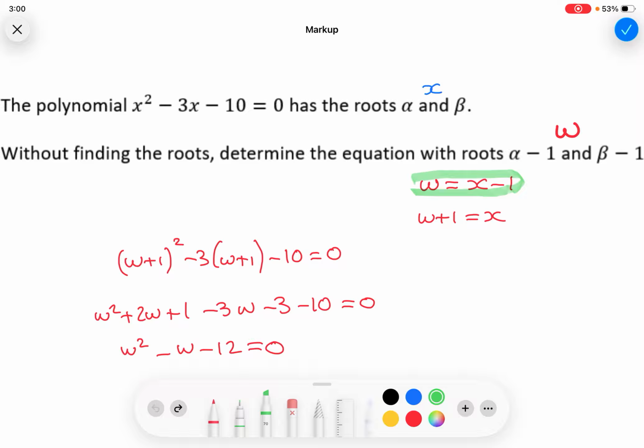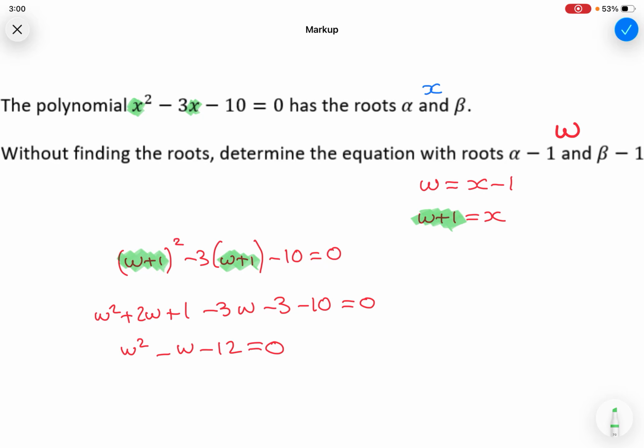Which then allows me to rearrange this equation to make x the subject. Which then means that I can substitute this w plus 1 in here and here, and then expand the brackets and simplify to get my equation in w.